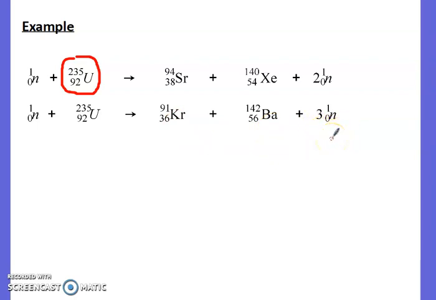We don't know if the reaction will liberate 2 neutrons or 3 neutrons. But what is important for us, the mass number must be conserved, the atomic number must be conserved. Means if you add 1 plus 235, you get 236. So here 94 plus 140 plus 2, you get 236. And atomic number conserved, 0 plus 92, 92. 38 plus 54 plus 0, you get 92. Clear? Okay.